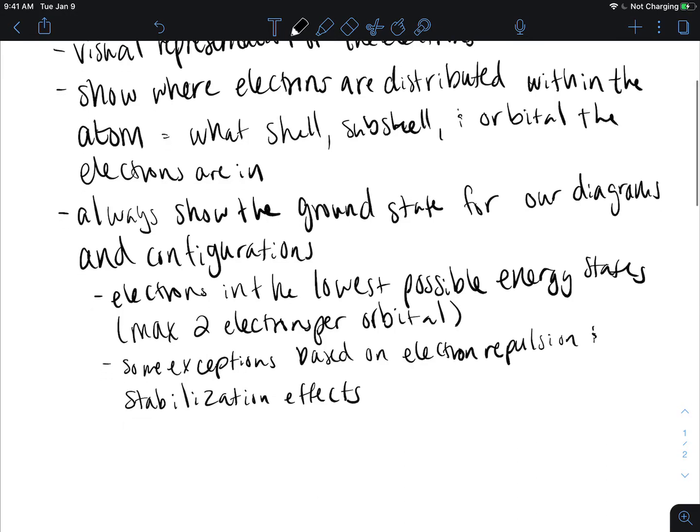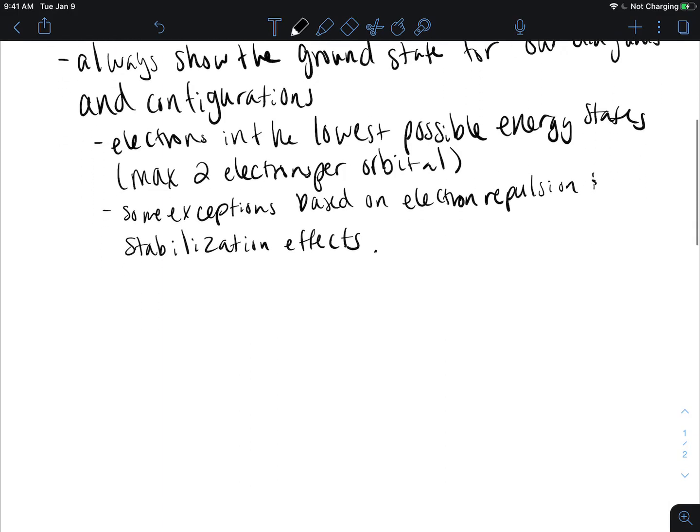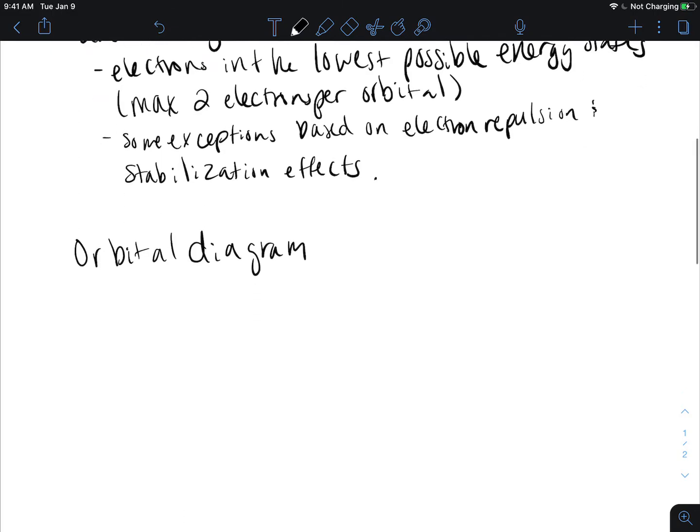Okay, so let's start with just an orbital diagram first, because they are easier to look at. And we have already kind of looked at them. So our orbital diagrams are where we have our electrons in boxes, and they're shown as little arrows.